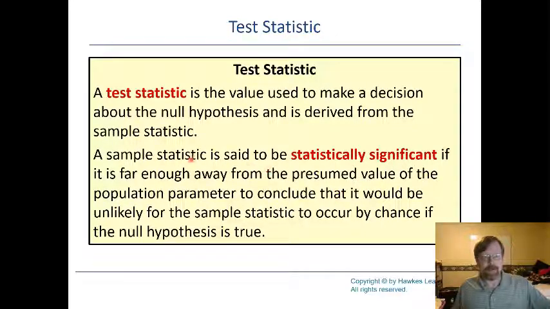If our sample statistic, so the proportion we get from our sample, is far enough away from that 56%, then it is statistically significant. We use the test statistic to determine whether or not it is statistically significant. We will talk about test statistics fairly soon.